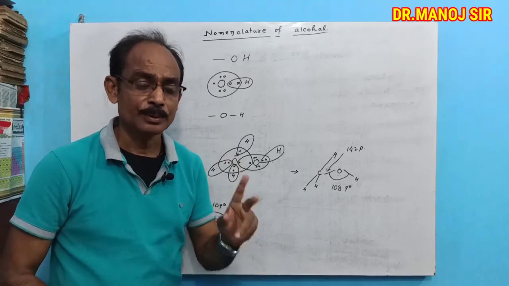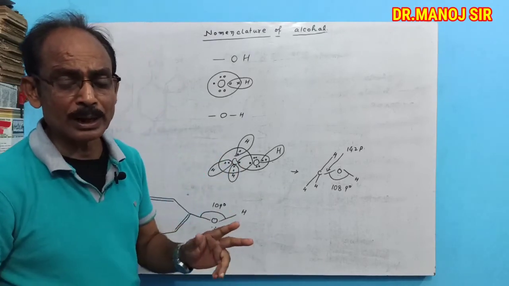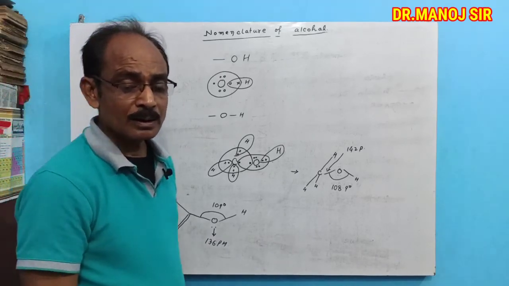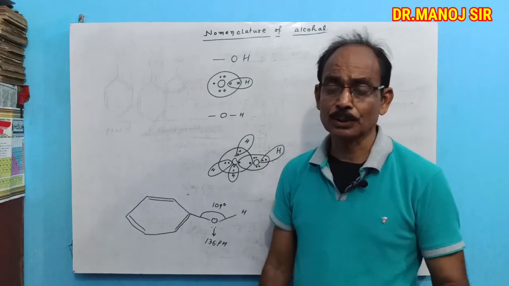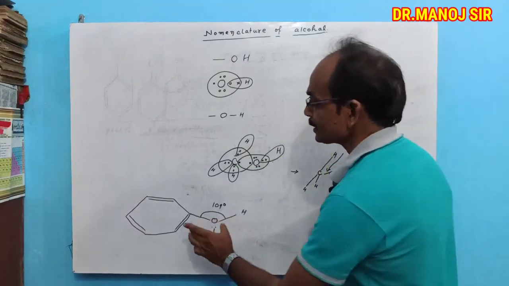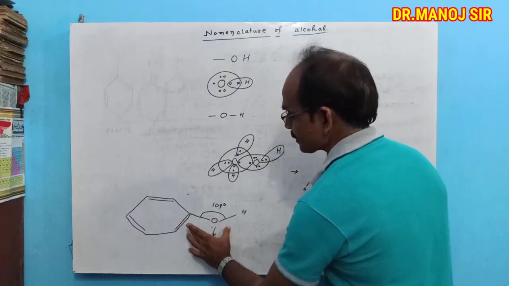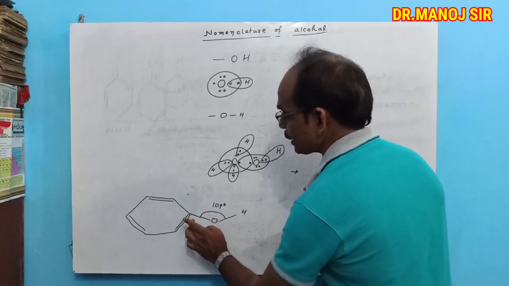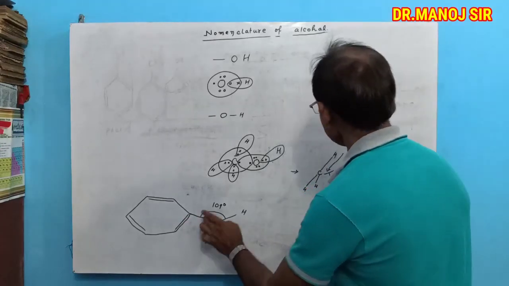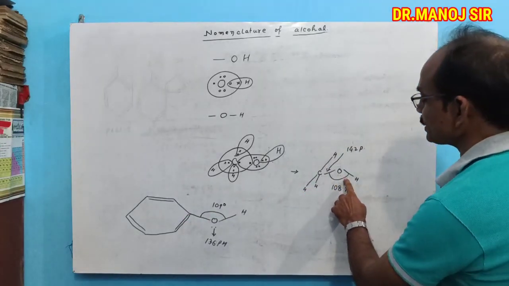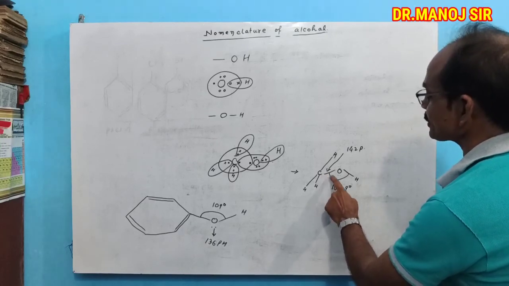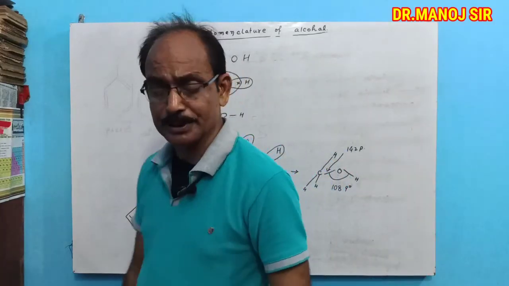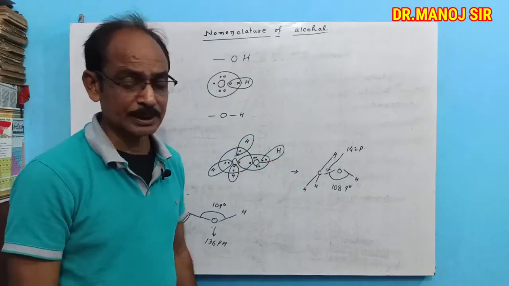Point number 2, the sp2 hybridized state of the carbon to which oxygen is attached. In this structure, oxygen is attached to the carbon by sp2 hybridization, but here the oxygen is attached to carbon by sp3 hybridization. These are the main differences between phenol and methyl alcohol.